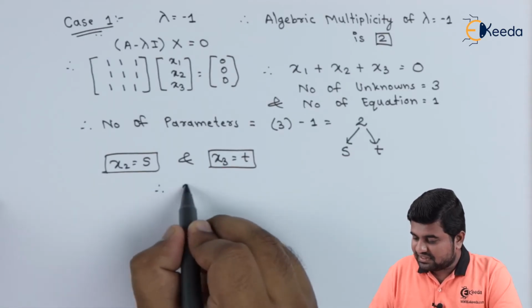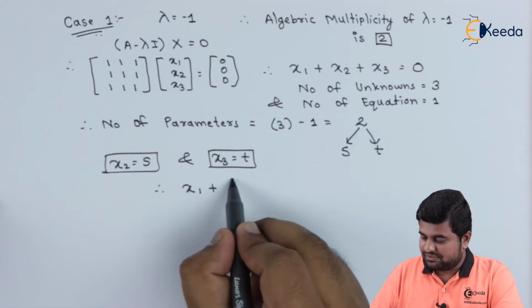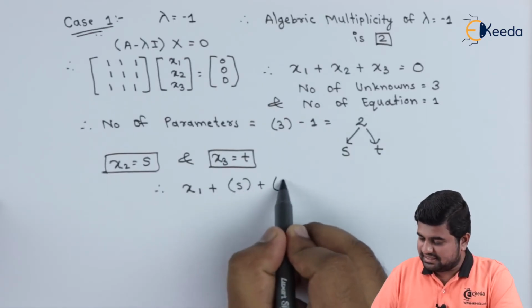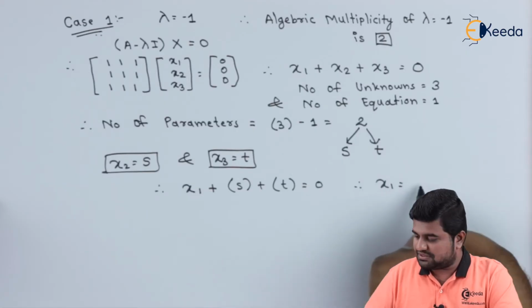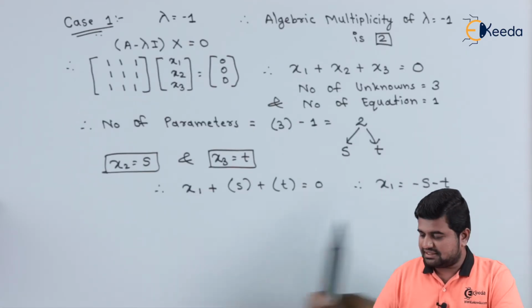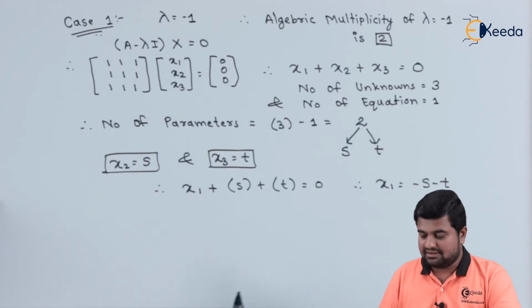Therefore, x1 plus, we'll put the values over here, s plus t is equal to 0. Therefore, x1 becomes minus s minus t. S goes here, t goes here. It is minus s minus t.